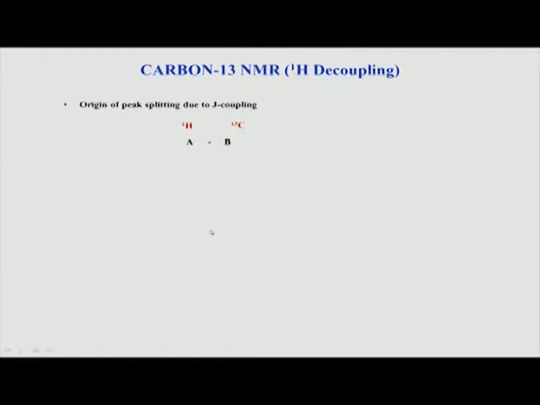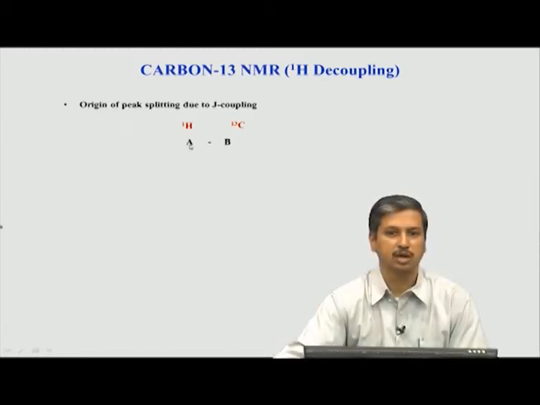So, this is basically what happens. The origin of peak splitting, remember we discussed, is only J coupling. Let us say you have a proton A attached to a carbon B, which is C13. Then this proton will get a doublet. Why does it get a doublet? Because it is attached to C13, and remember C13 is a spin half nucleus. So, it has an alpha and beta state, and because of that this hydrogen will be split into 2 peaks.